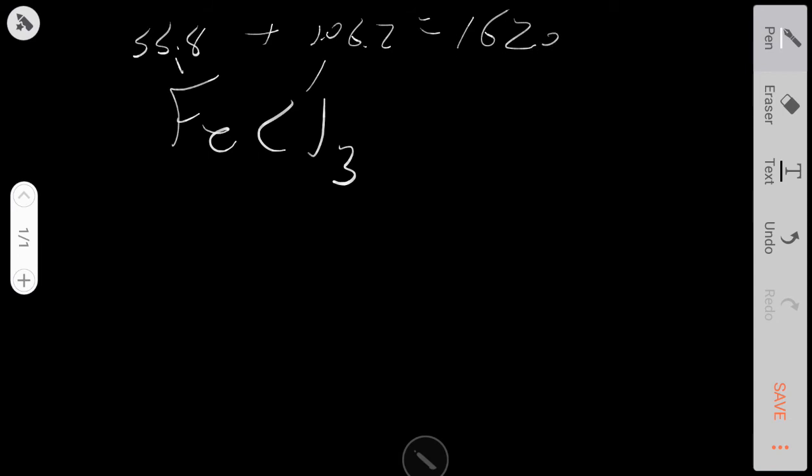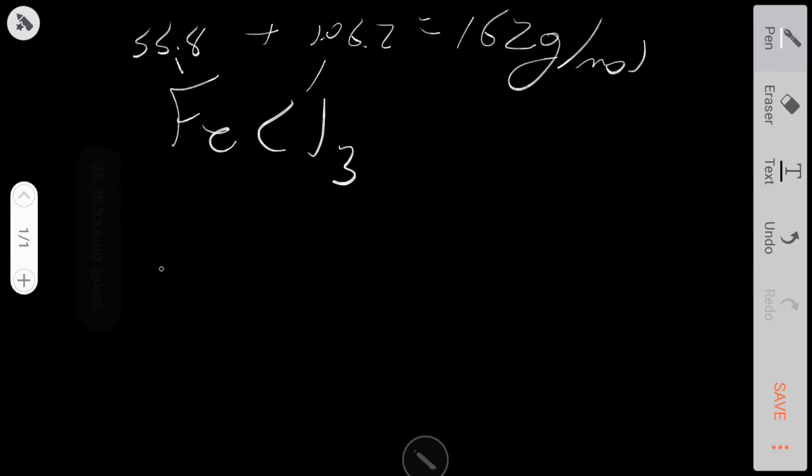So I have 162 grams per mole for FeCl3. How many moles do I actually have? Because again, the question is how many grams of iron are in 3.4 grams of FeCl3. Let's see how many moles I have first.